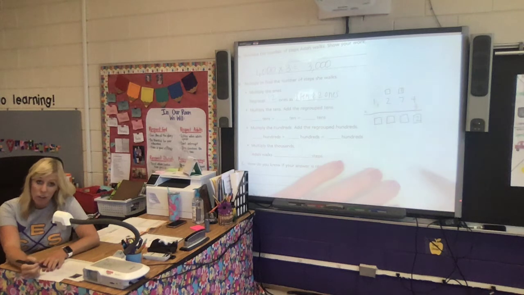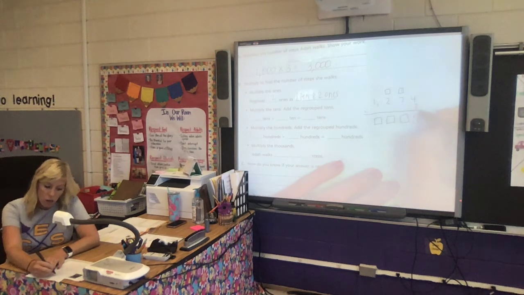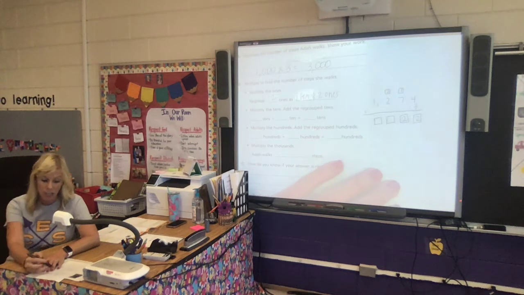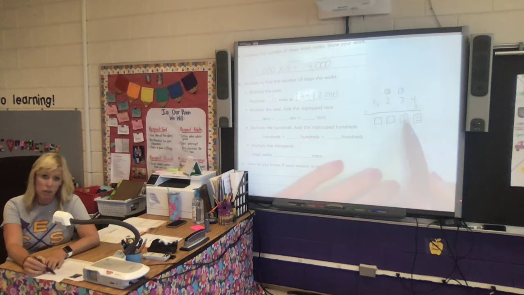And I have another 10 here, so 3 times 7D is 210, plus another 10 would be 220. Alright, so when I have the amount 220, I have no ones, I have 2 tens, but I have 2 hundreds. Just my 2 goes down here because that's all the tens that I have.